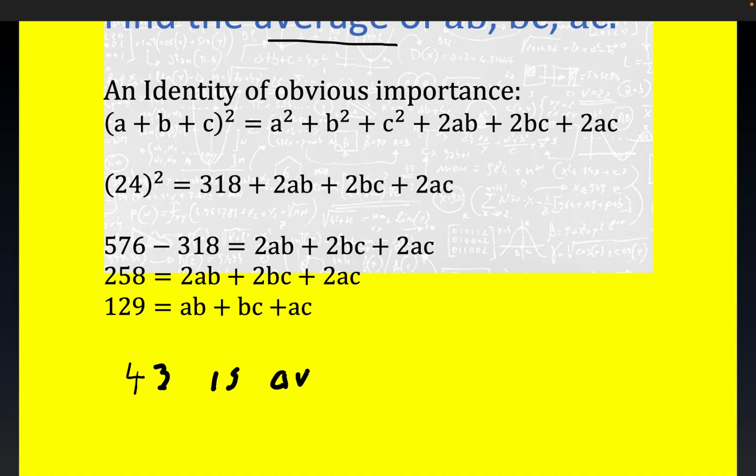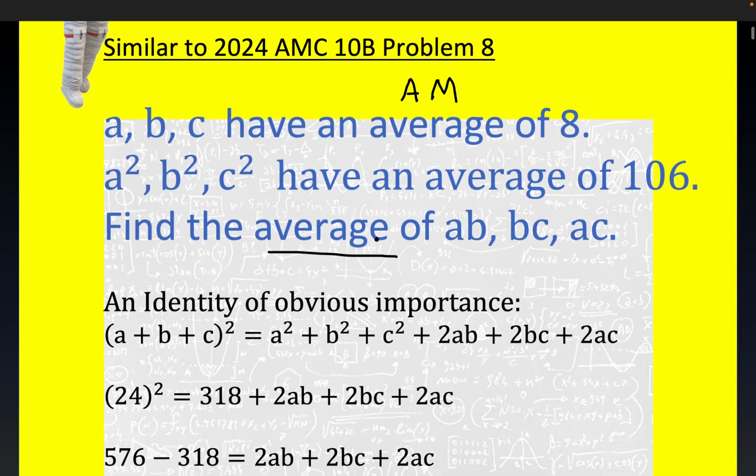Let's call it avg, in the name of brevity, the average of these numbers right here: ab plus bc plus ac. And again, folks, we don't know very easily, at least, what a, b, and c actually are. We're able to compute the average with everything, you know. But I guess you could use some sort of bounding here.